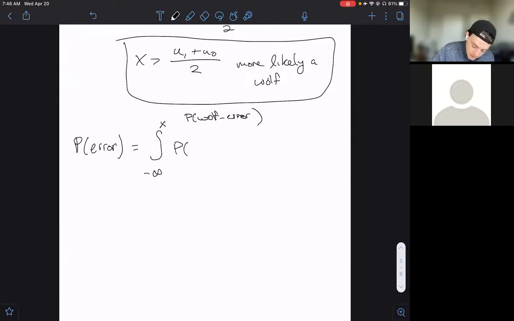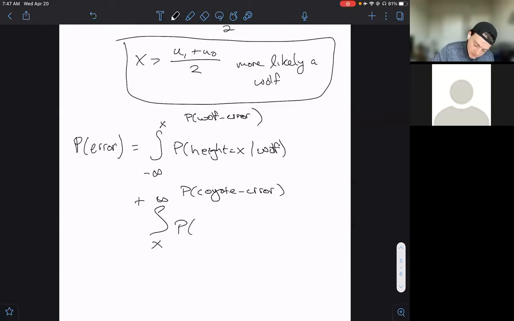And this is simply the probability of the height is equal to x, given that it's a wolf, plus that probability on the right side, which is the coyote, x to infinity of the same thing: probability of height is equal to x, given coyote.